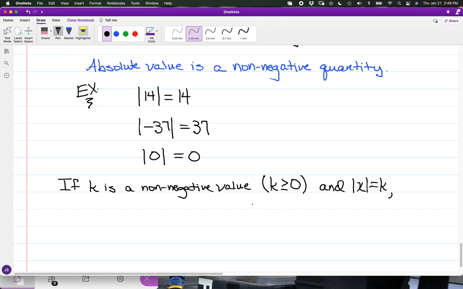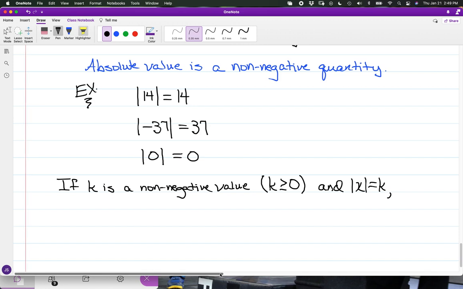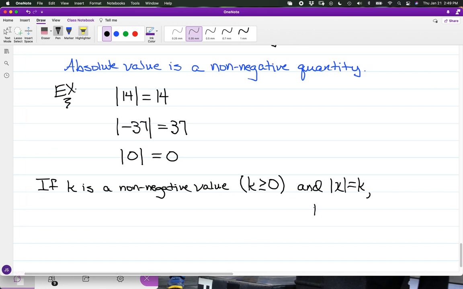If k is a non-negative value and the absolute value of x is equal to k, then once you take x out of the absolute value bars, x is going to be equal to plus or minus k. We have that x could be k or negative k.